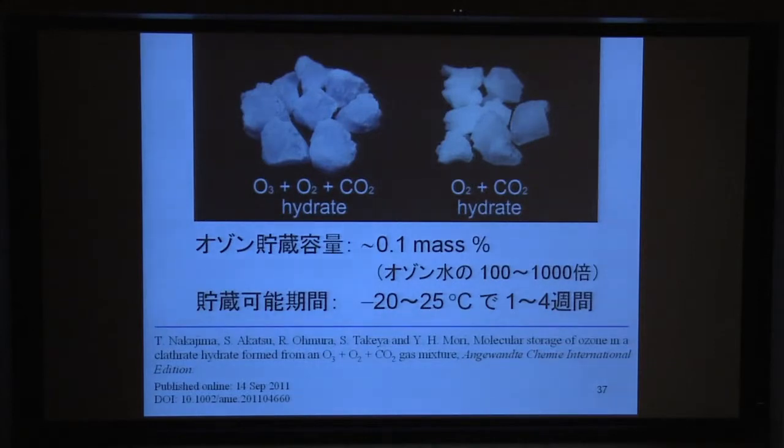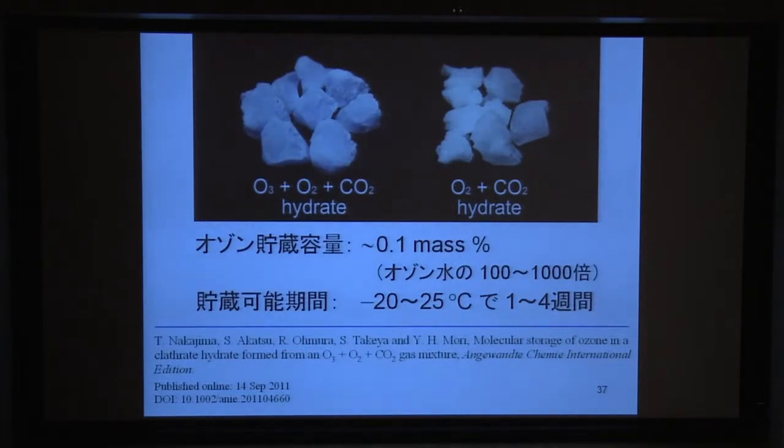And this is a quite recent study result. With the ozone, oxygen and CO2 added hydrate, we had actually captured 0.1 mass percent of the ozone. And at minus 20 to 25 degrees Celsius, for 1 to 4 weeks without losing concentration, we can store this.